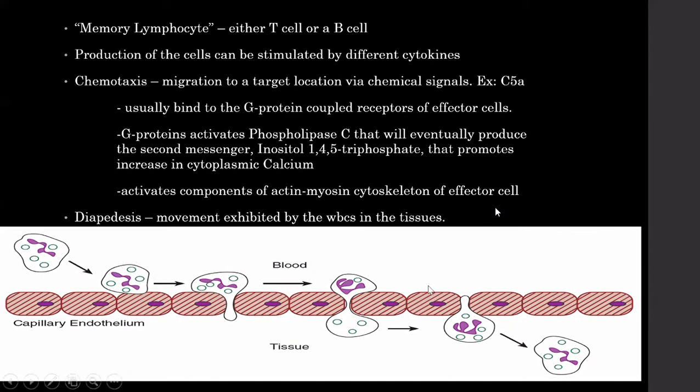So once the chemokines is received by your WBCs, it already knows where to go. Okay? So papasok yan sila sa area na may infection with the movement called diapedesis. So this one, ito pag nandito na siya sa tissue na yan, that is your diapedesis. Please take note of that.